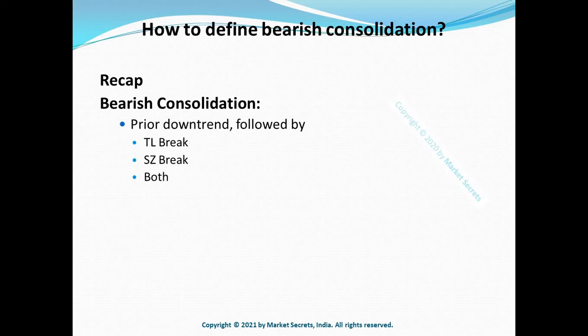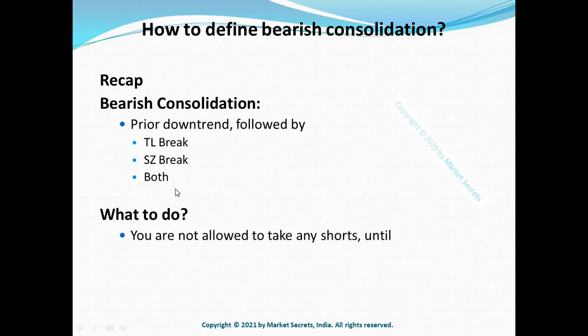So if the price was in a prior downtrend and followed by that, if the price breaks the downtrend line, or if the price breaks a supply zone, or if both of those happen, then it indicates we are in bearish consolidation.